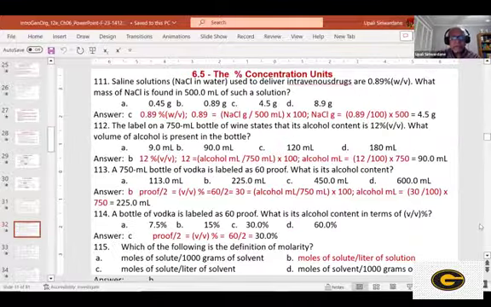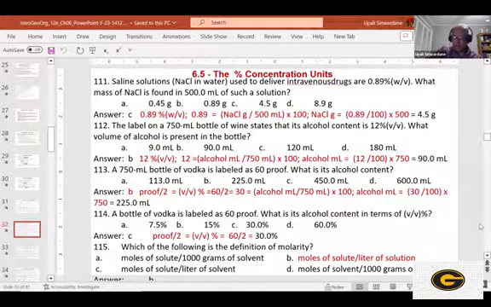So you need to calculate percent weight by volume, like in problem 111 in here, saline solution. Now remember, saline solution is about 0.9.